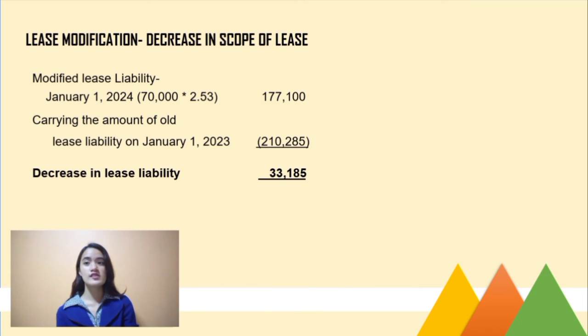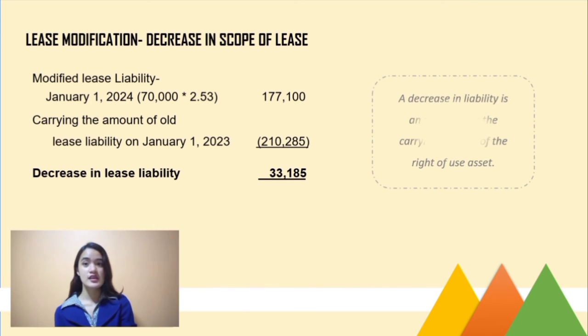It is 210,285 pesos. So, ibig sabihin, nagkaroon ng decrease sa lease liability natin, which is 33,185 pesos. Again, kapag nagkaroon ng decrease sa lease liability natin, it means there is a reduction also sa carrying amount of the right of use asset.